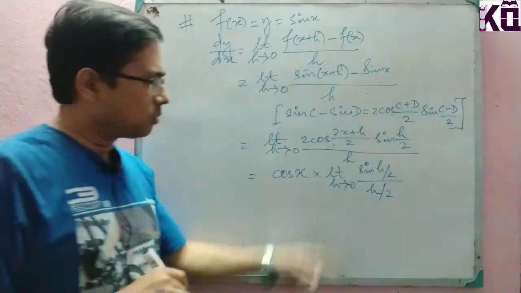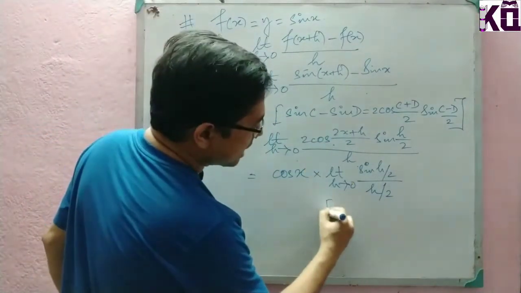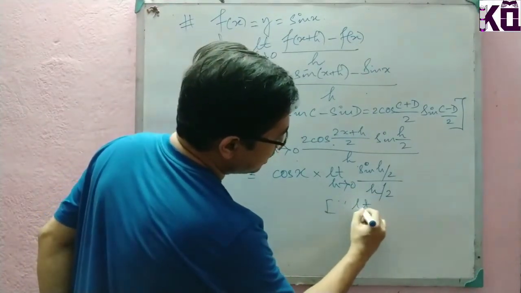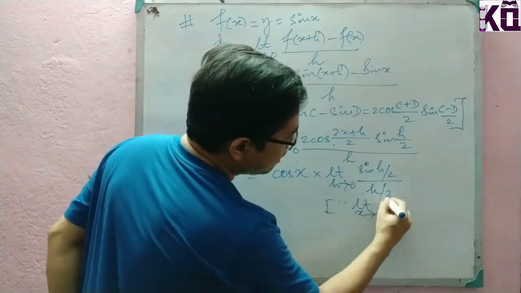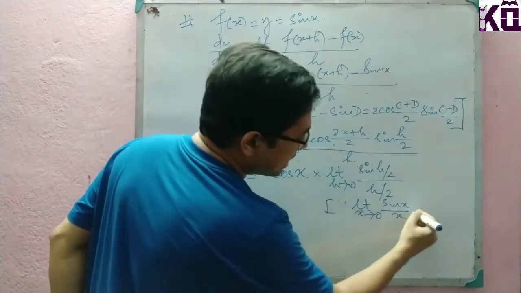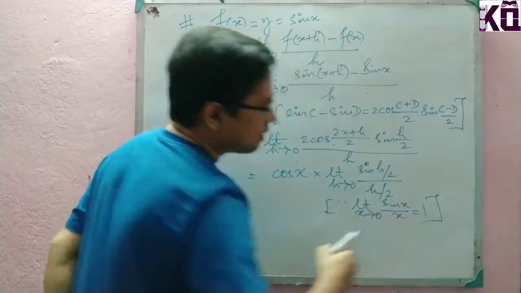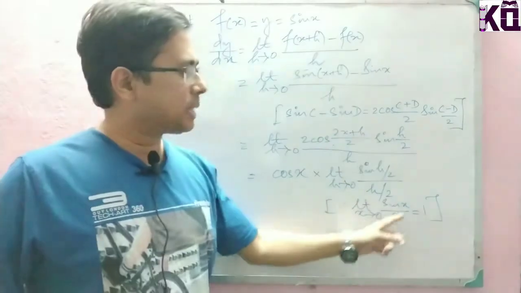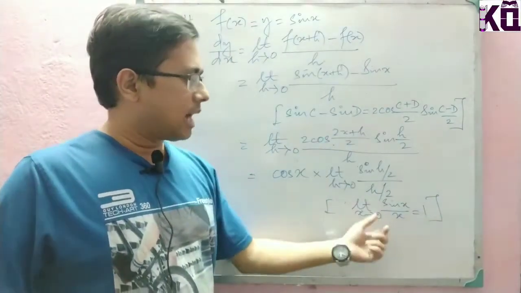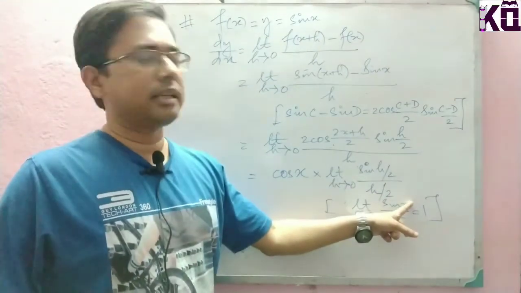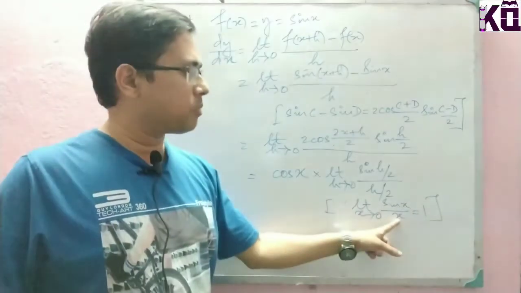Now, the formula as per the limit: limit x tends to 0 of sin x by x is 1. That is another formula for limit. The important part is that whatever the type of the variable is here, you must have the same type of variable here.